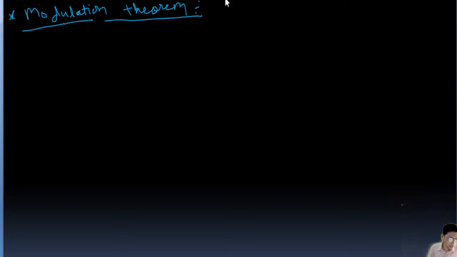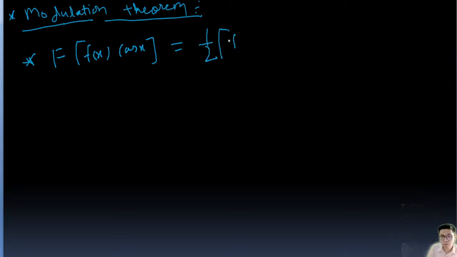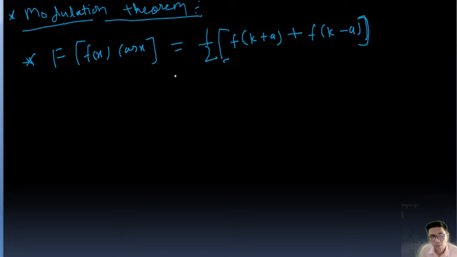So this is the Fourier transform of f(x) cos ax. We have to find the Fourier transform of f(x) cos ax, and this is going to be 1 by 2 times the Fourier transform of k plus a plus the Fourier transform of k minus a. That is, the Fourier transform of f(x) cos ax is 1 by 2 of F(k plus a) plus F(k minus a).